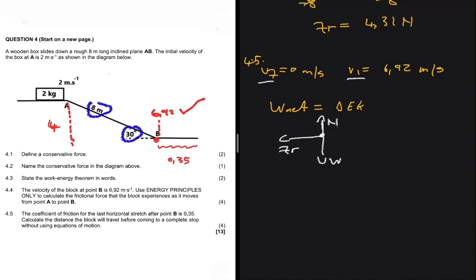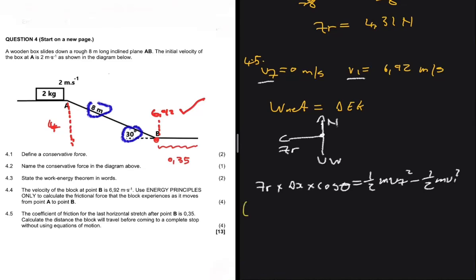So we're going to have the work net being the force done by friction multiplied by delta x multiplied by cos of theta being equal to a half m vf squared minus a half m vi squared. So the frictional force will be the coefficient multiplied by the normal force. We know that fully well, right?